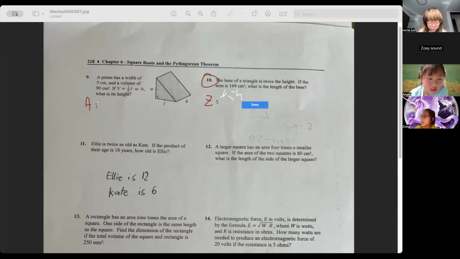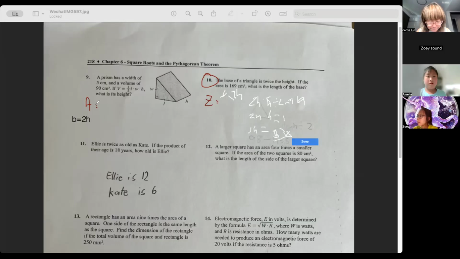Wait, I gotta move this over here. So base equals H. Wait, I need to create another text box. So, wait, turn this back. Wait.